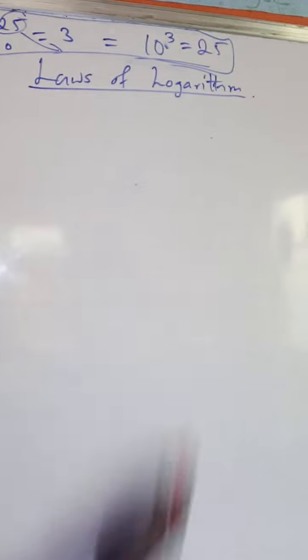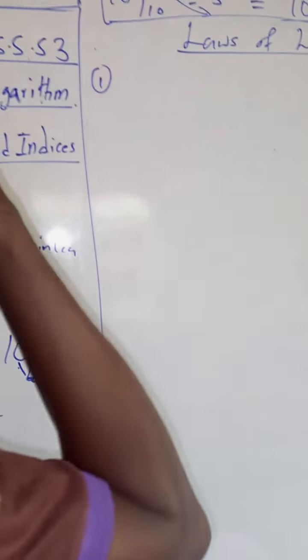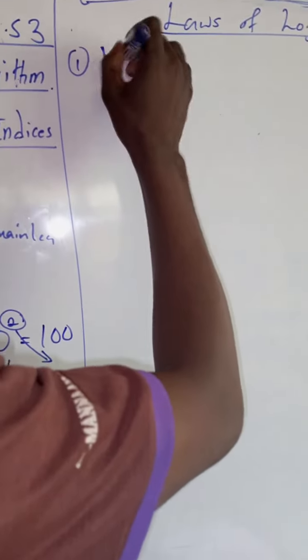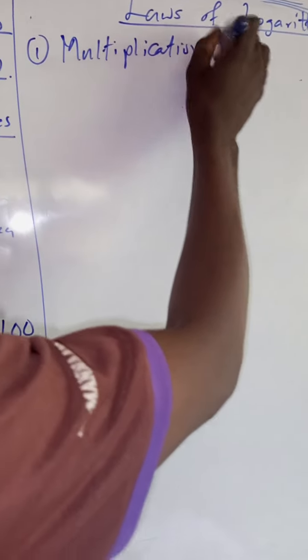Laws of logarithm. Like laws of indices, but they have little differences. Number one, we call it the multiplication law. So multiplication law, what does it say?